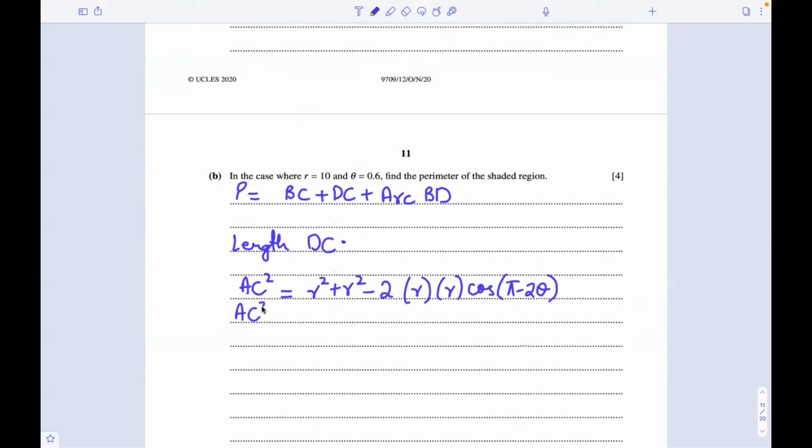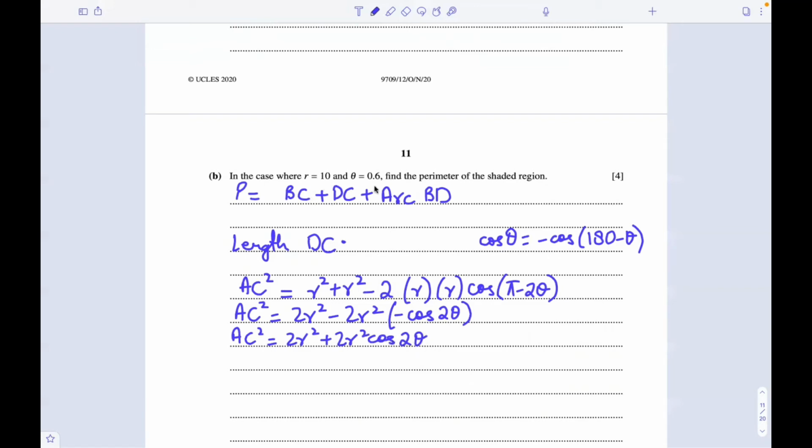Simplifying this, we get AC square is equal to 2R square minus 2R square cos of pi minus 2 theta. And now applying the identity for cos, which is cos of theta is equal to negative cos of 180 minus theta, as we have pi minus 2 theta, this can be written as negative cos of 2 theta. So AC square would become 2R squared plus 2R squared cos 2 theta.